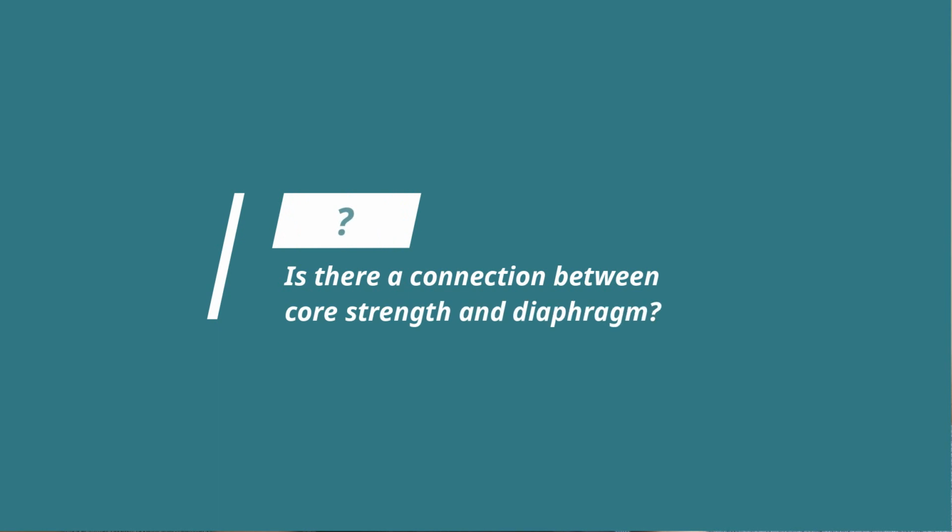Is there a connection between core strength and the diaphragm? Of course there is. The strength of the diaphragm has a huge impact on overall core power and stabilization of the whole body. So, in order to learn how to strengthen the core, you should know how to activate intra-abdominal pressure.